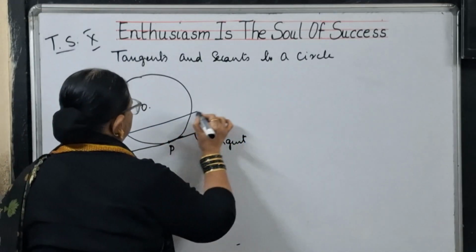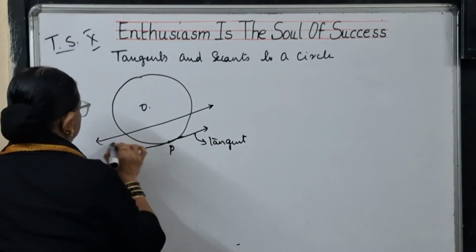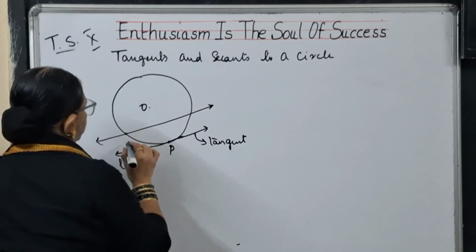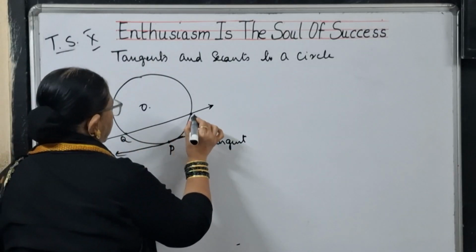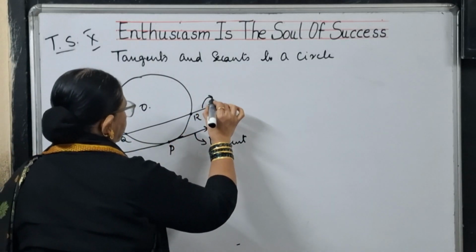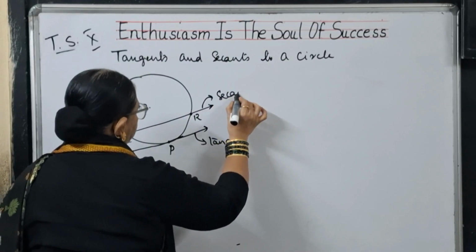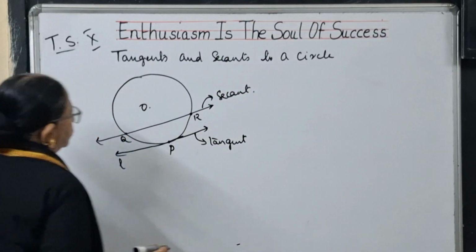Otherwise, if you draw a line which is intersecting at 2 points Q and R, then this is called a secant. This you should know, children.